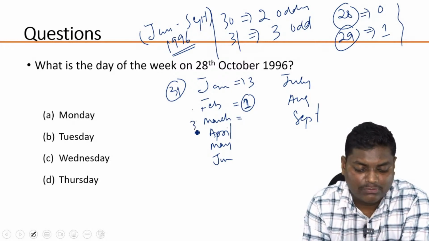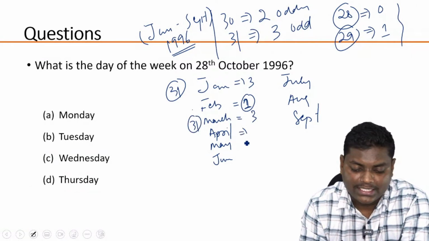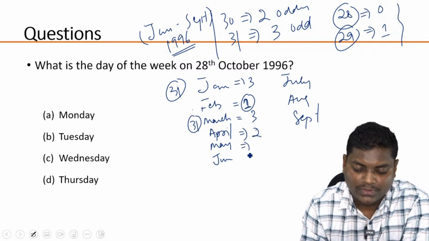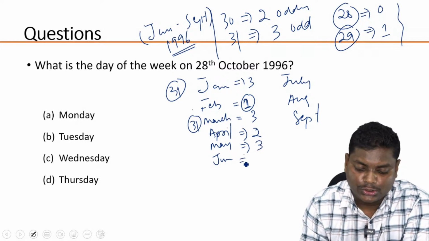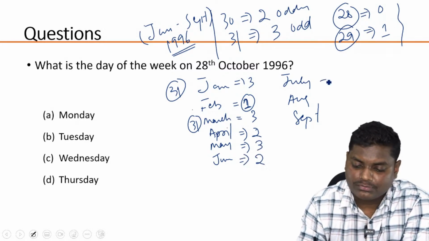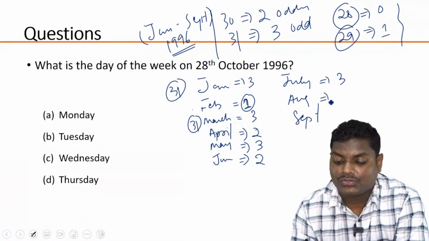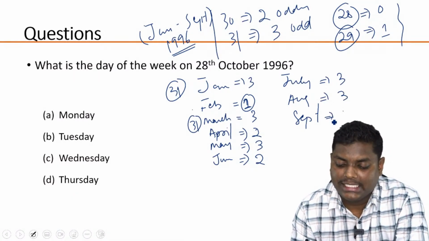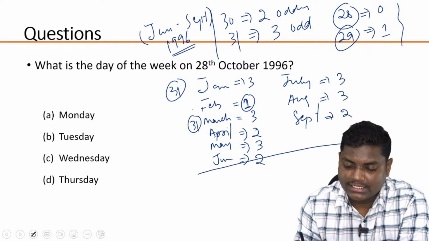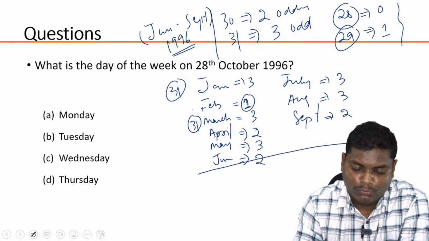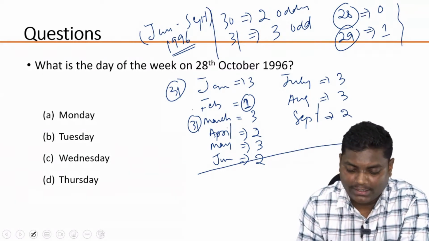Similarly, March is 31 days, so 3. April is 30 days, so 2. May is 31 days, so 3. June is 30 days, so 2. July is 31 days, so 3. August is again 31 days, so 3. And September is 30 days, so 2.